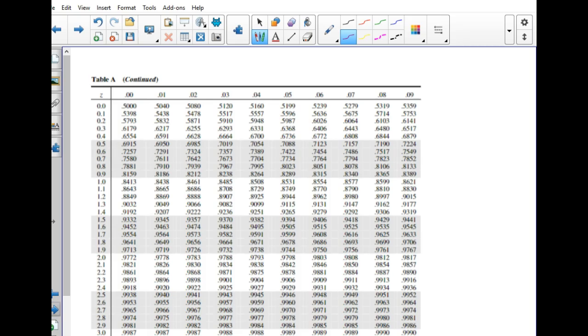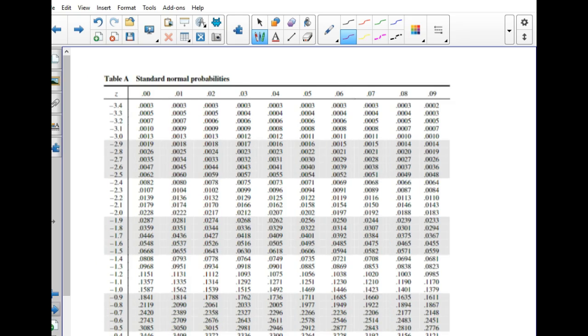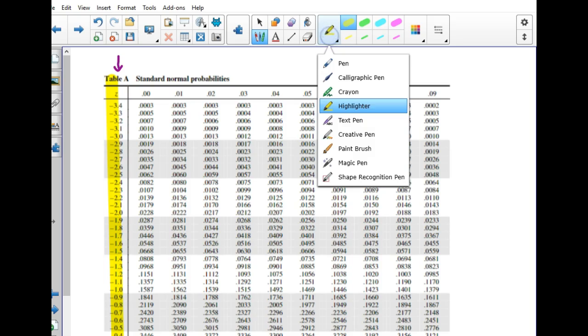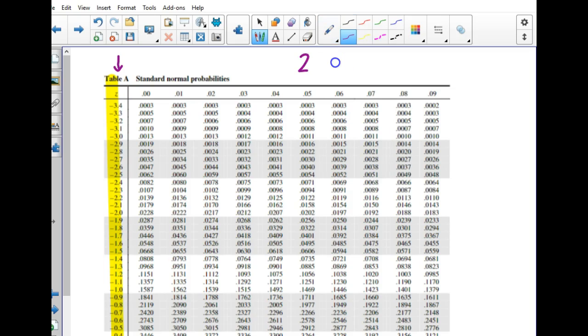You'll notice on one side you have positive numbers in this column. Look at this column right there where it says Z. And on the other side, you have negative numbers right here. Do you notice that? Let me teach you how to read this chart. If I highlight the column here, these are the first two digits of the z-score. So if I look at 2.31, I want to find the first two digits of my z-score.